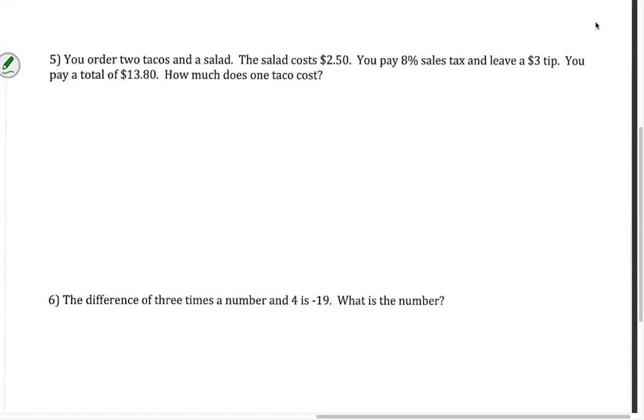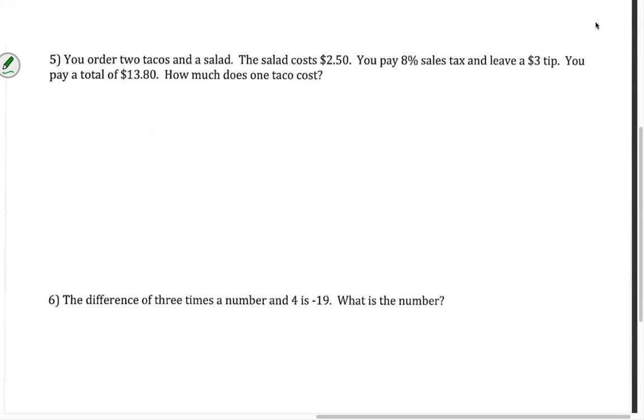So here, my tax is 8%, so it's really like I'm paying 108% of my bill. Does that make sense? So if you were leaving say a 15% tip, you take your bill and multiply it by 115%. And that would give you how much to leave, which is kind of nice.